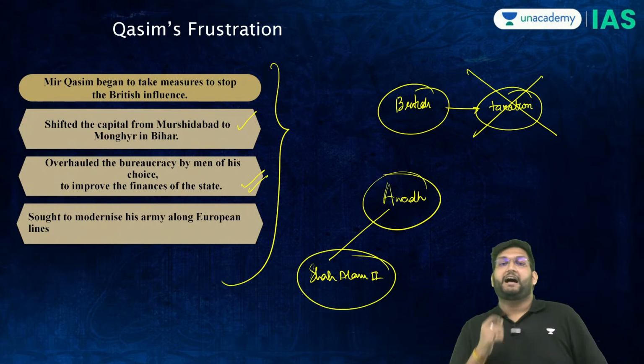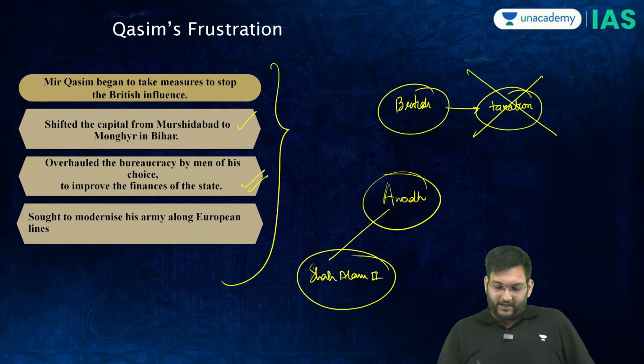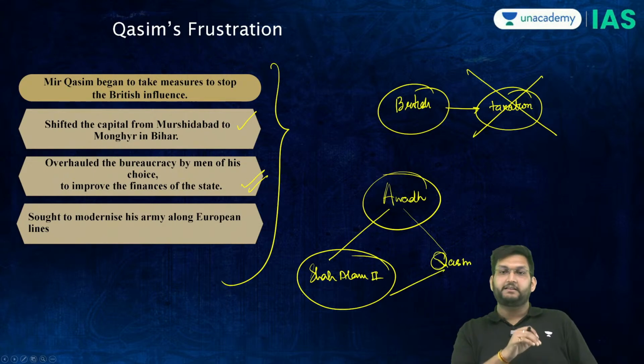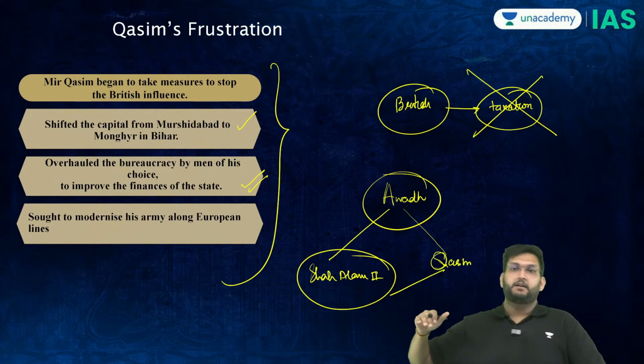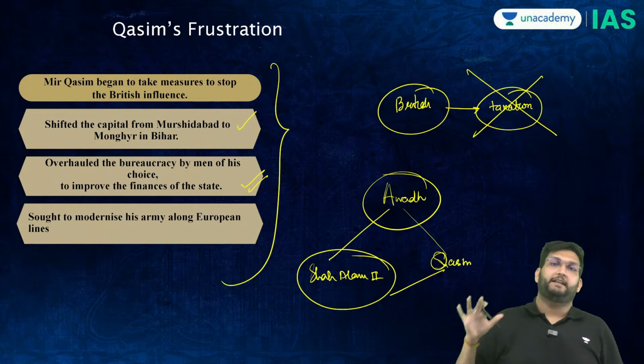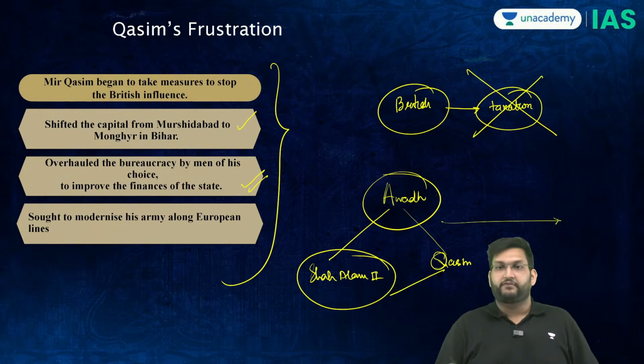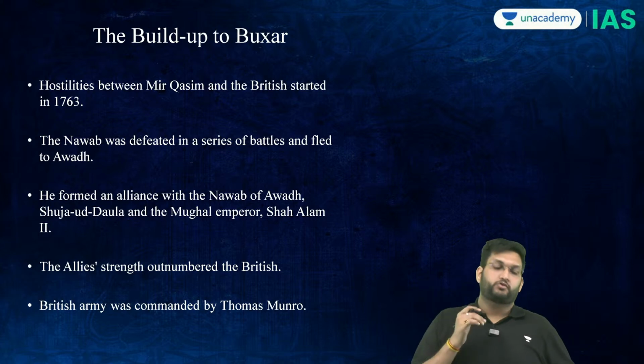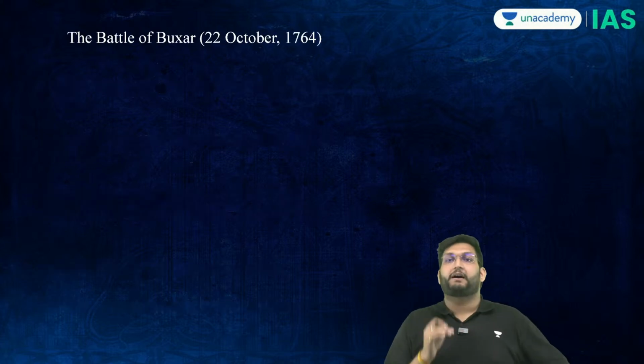Shah Alam II will now say, okay, let's try to fight, and there will be a tripartite alliance created, called the Awadh plus Delhi plus Mir Qasim tripartite alliance, and this will fight with the British. And this fight is called the Battle of Buxar.